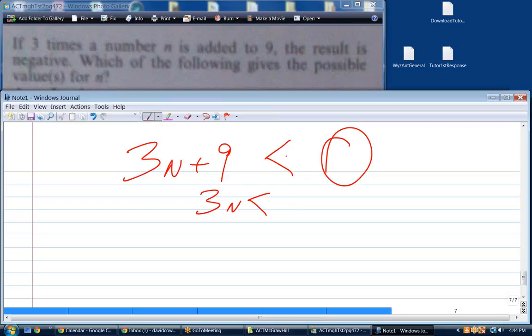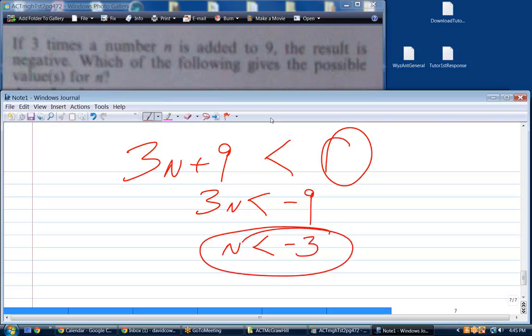Why'd you change the sign? That's less than. Less than negative 9? Okay. So then you divide, so negative 9 divided by 3 is negative 3. There's your answer.